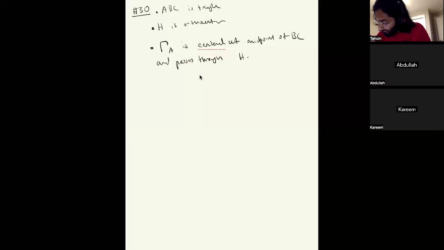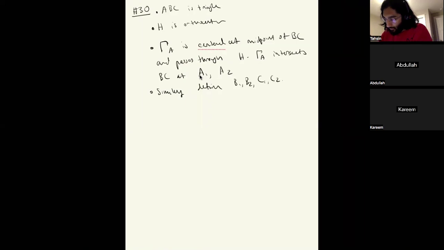Then gamma A intersects BC at A1 and A2. Similarly define B1, B2, C1, C2. The problem is to prove that these 6 points A1, A2, B1, B2, C1, C2 are concyclic.